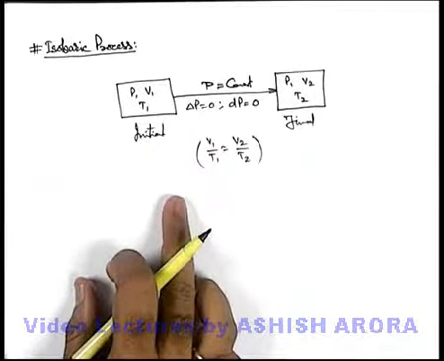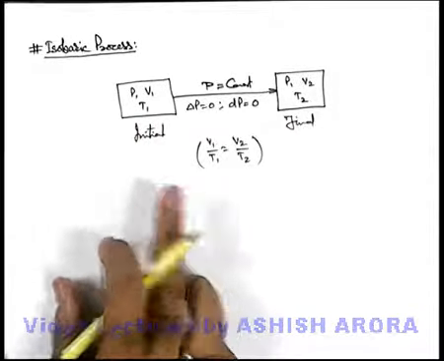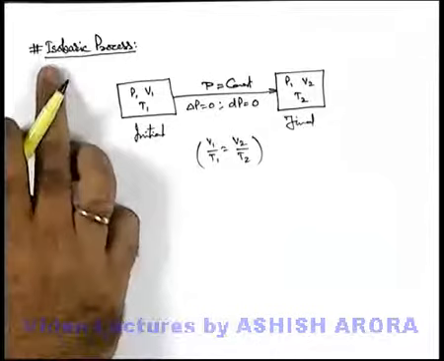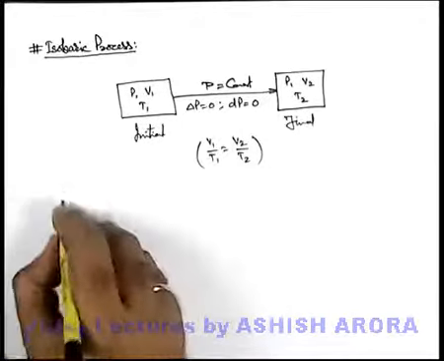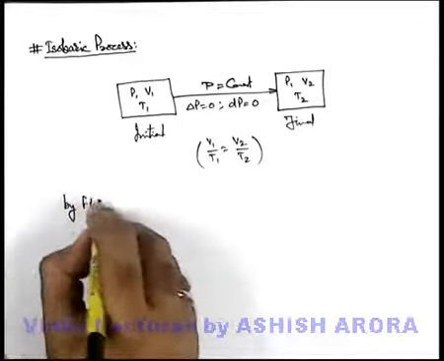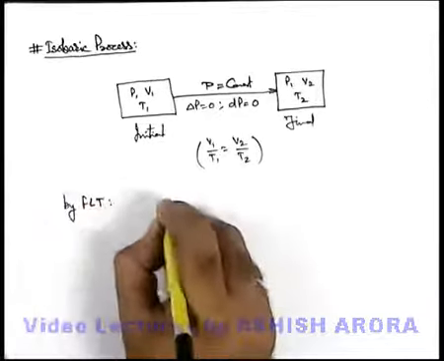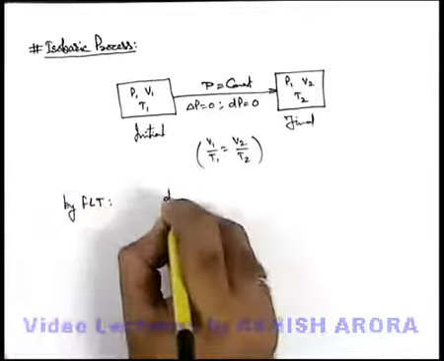Now, if we analyze the same process, which we are calling the thermodynamic process, by first law of thermodynamics we can state dQ is equal to dU plus dW.